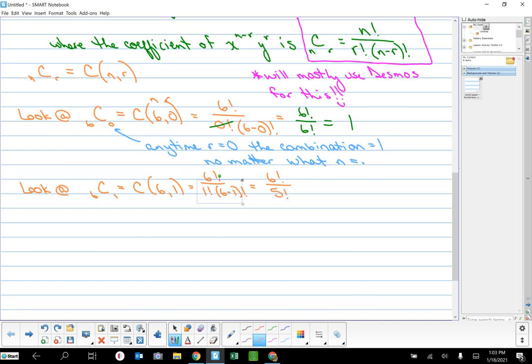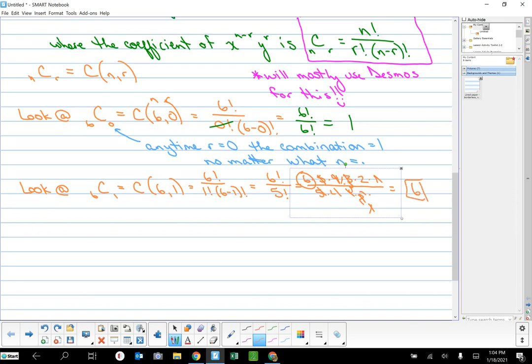If r is 1, the denominator will always be 1 less than the numerator. 6 factorial is 6 times 5 times 4 times 3 times 2 times 1, and the bottom is 5 times 4 times 3 times 2 times 1. These all cancel each other out, so all I have left is 6.